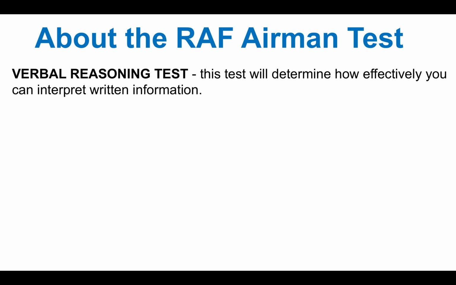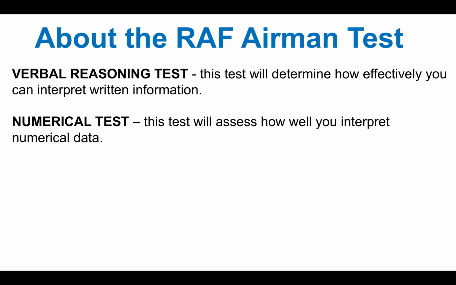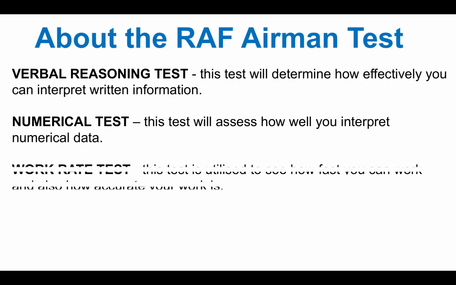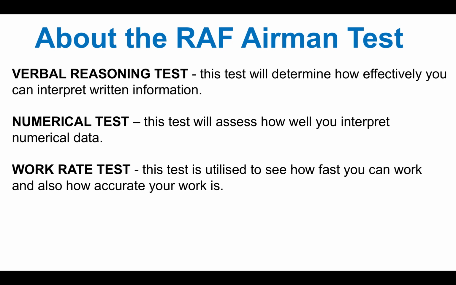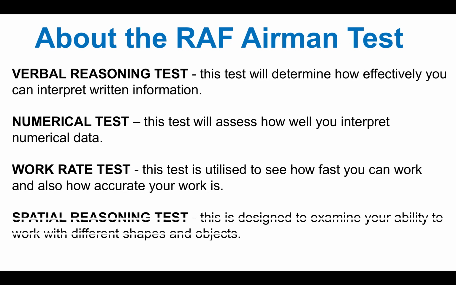There's a number of different testing sections during the RAF Airman test, including verbal reasoning. This test determines how effectively you can interpret written information. There's a numerical test, which shows how well you interpret numerical data. There's a work rate test, which is utilised to see how fast you can work, but also how accurate your work is.